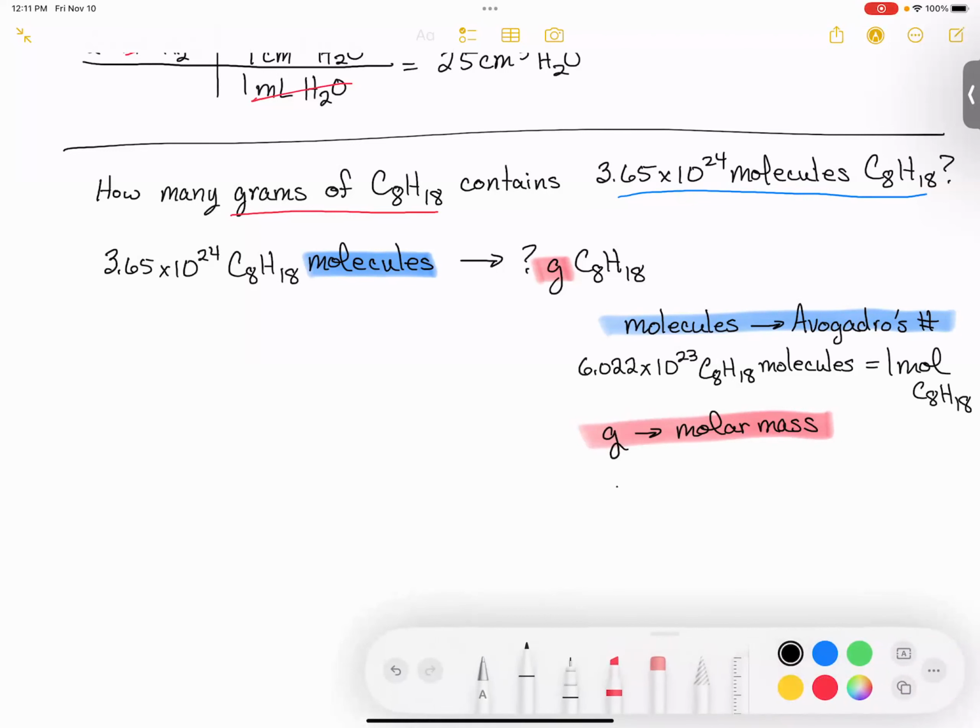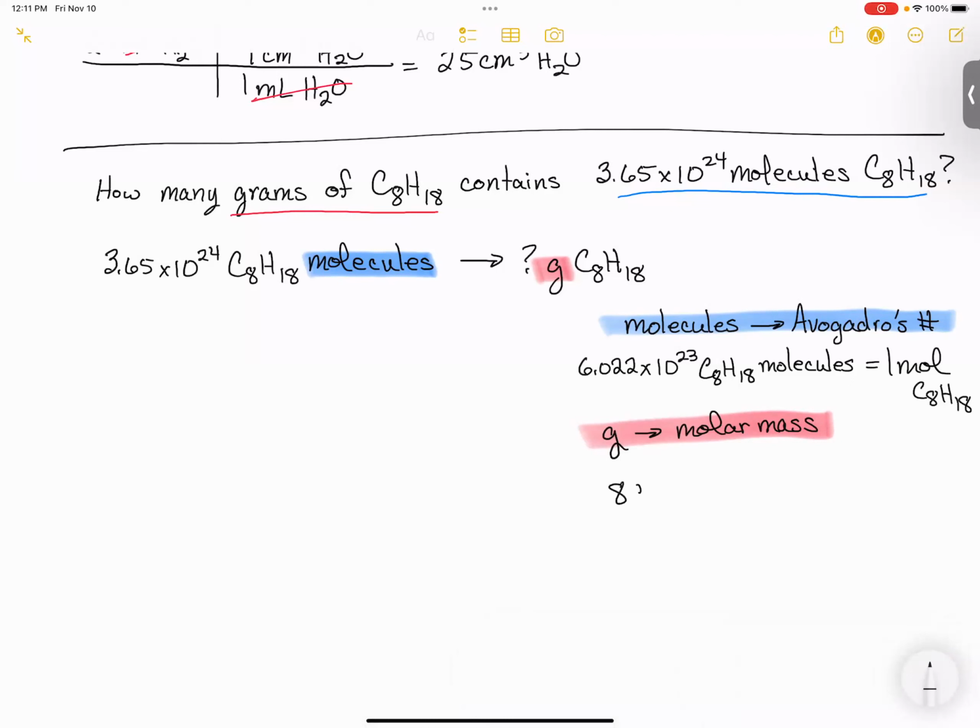I have 8 carbon times 12.01. And I have 18 hydrogens times 1.008.